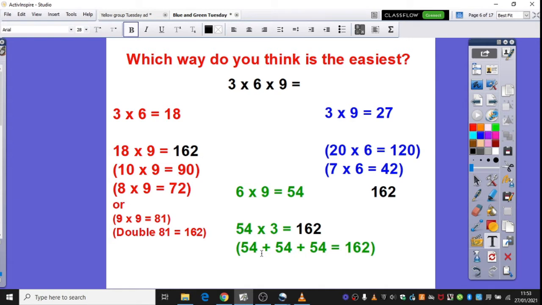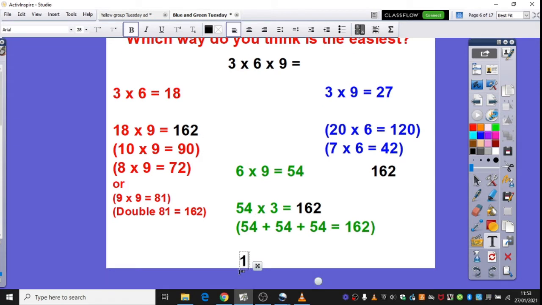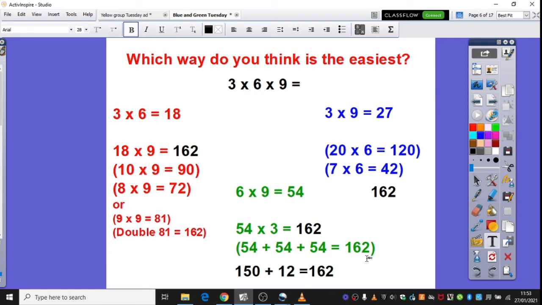So 150 add 12 is equal to 162. And we might find that that's possibly the easiest one to do. Maybe if we're quite good with our understanding of doubling, that would have worked the quickest.